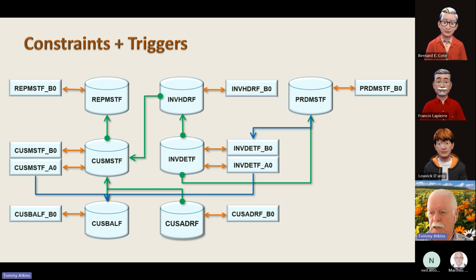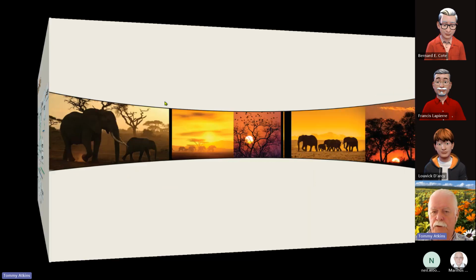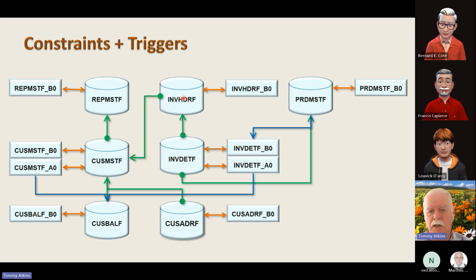Do you understand what I'm saying? If there's a delete on this header file, whoops, sorry, I always do that. If there's a delete on this header file, I could have an after trigger here, which makes sure that I delete all the detail file records. And because I'm deleting detail file records, there's an after trigger here that would update the customer balance file.